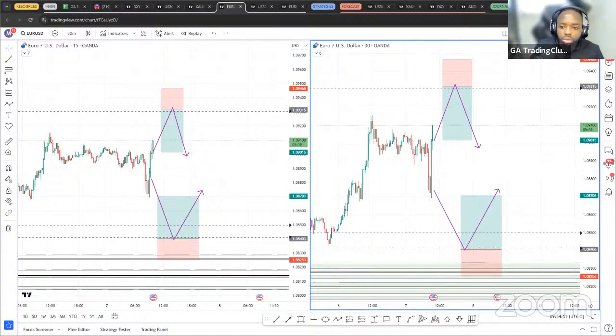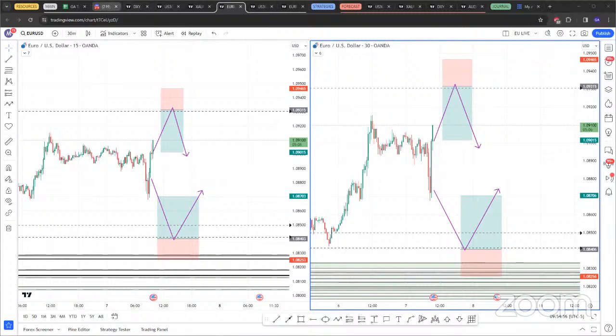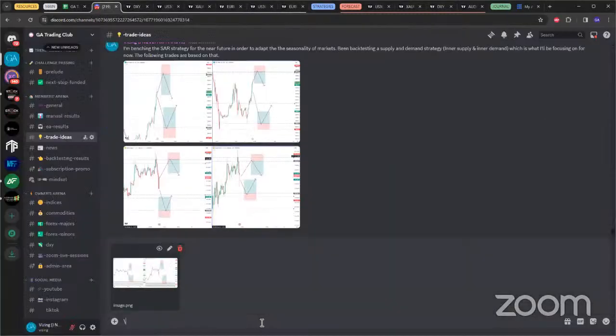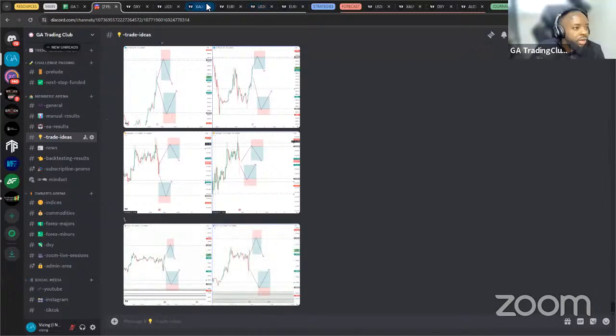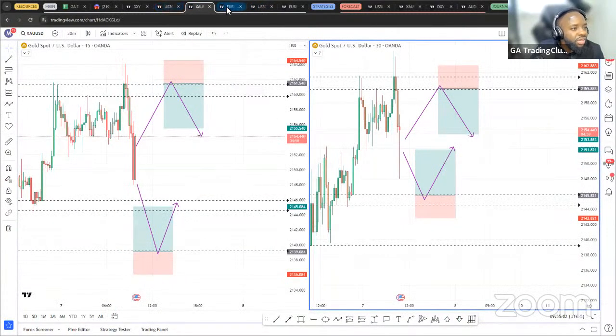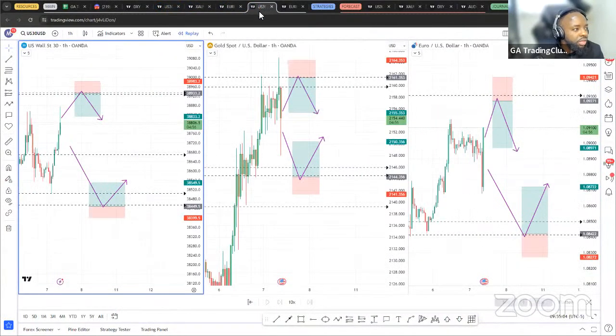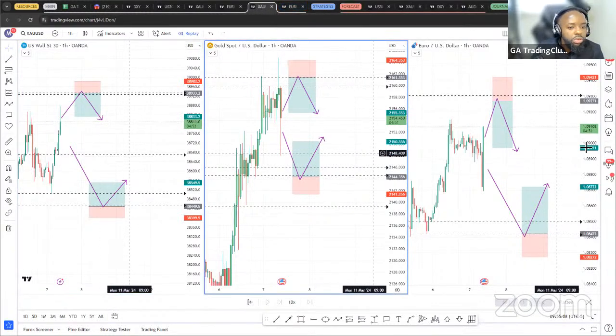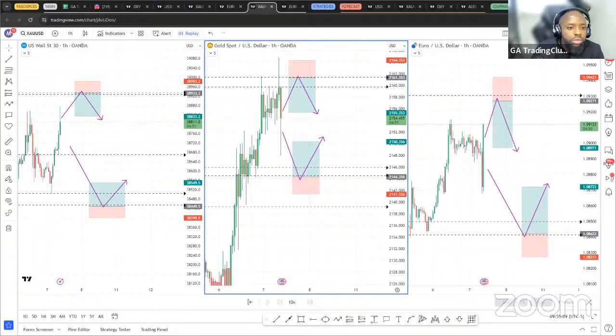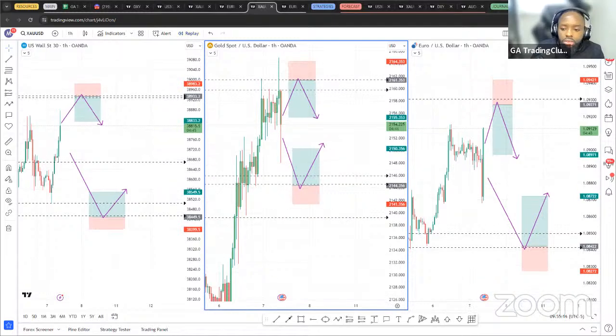Let's see. I think we're definitely going to see some movement tomorrow, during NFP. Because even yesterday and today, we didn't have too much. US 30, gold and EU. EU looks really good though. I'm liking it.